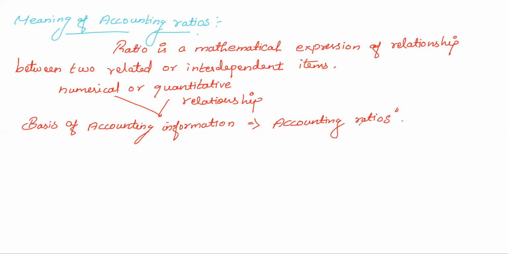Okay, so the accounting ratio can be expressed in the following terms. First one is pure, expressed as a coefficient. Then second one is percentage, expressed in percentage.